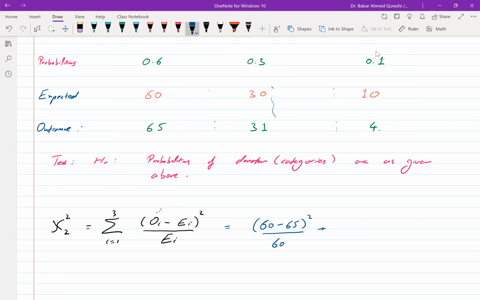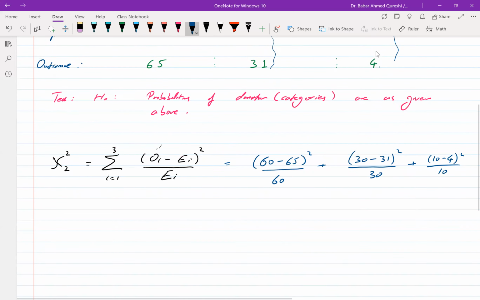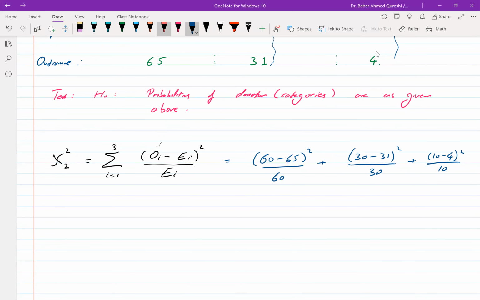Similarly, taking this column and then this last column. So this gives you the numbers 25 over 60 plus 1 over 30 plus 36 over 10.